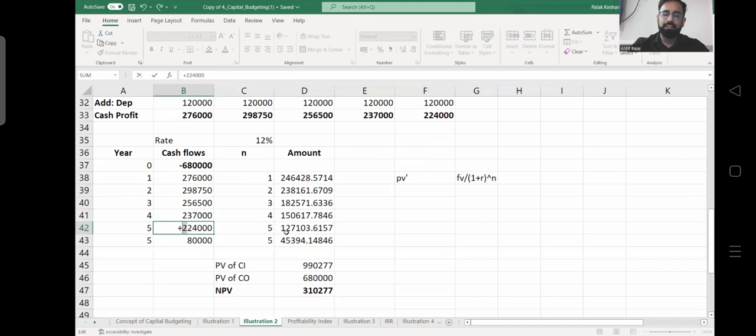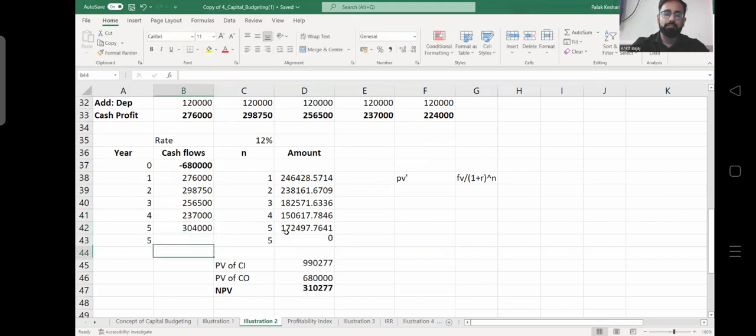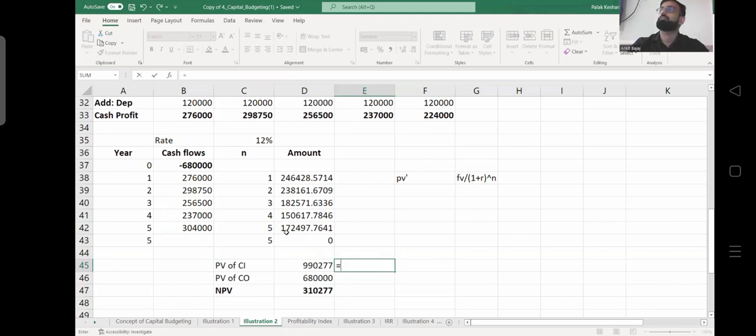Right, I'm adding here 80,000. If I have to apply the formula, there is a need of adding it; if you don't want to apply the formula, no need. But I'm adding here 80,000 and I'm deleting 80,000 from here. Right, now I can apply the NPV formula to calculate present value of cash inflows directly.